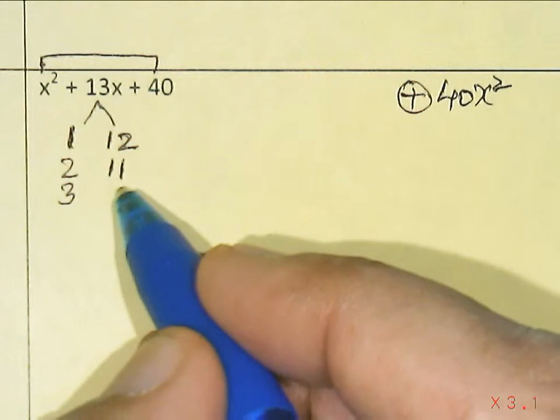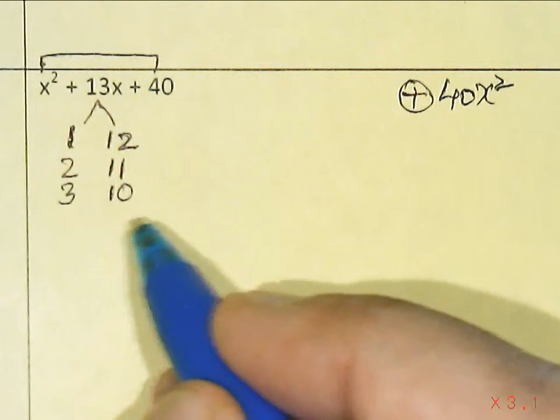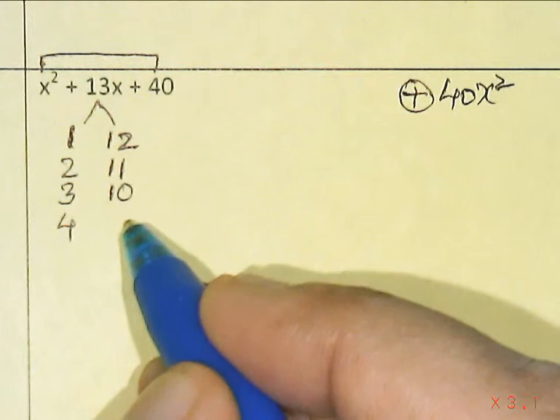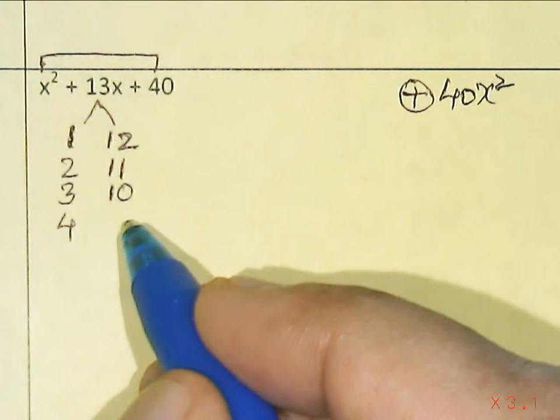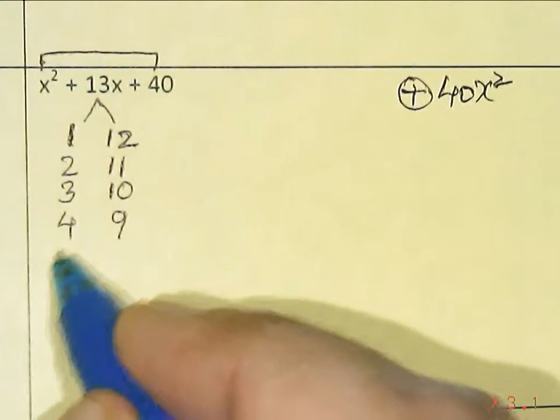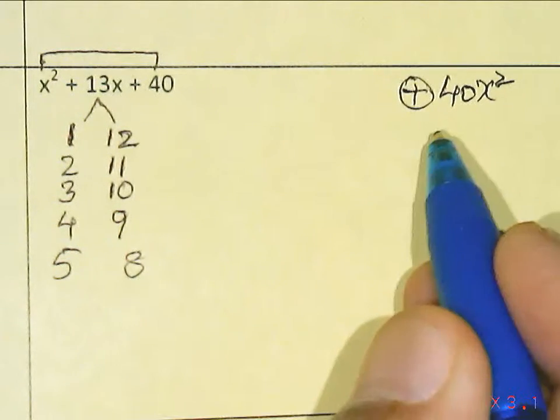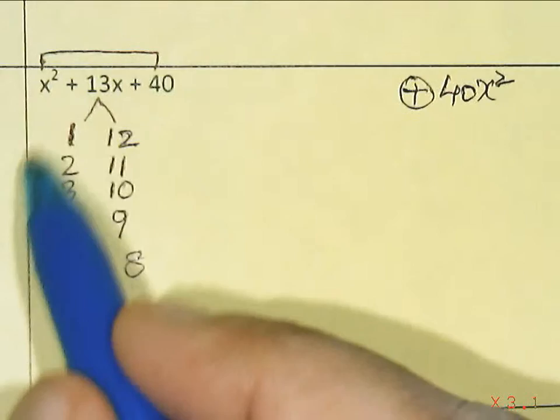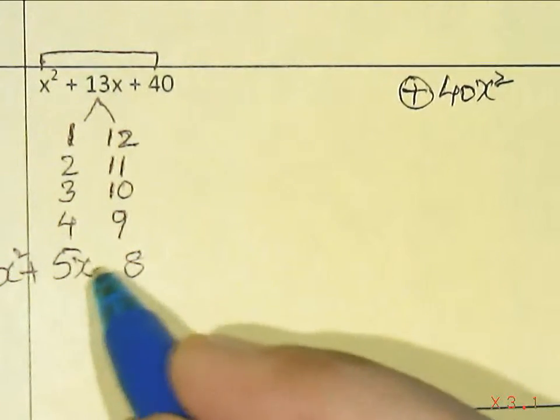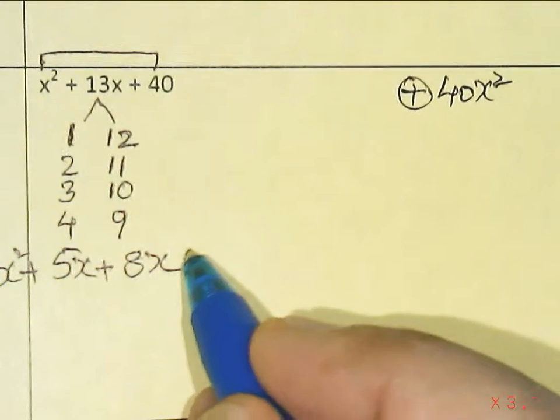Then 3 and 10 makes 13. 3 times 10 is not equal to 40. Then 4. What number comes here? 9. 4 times 9, is it 40? No. Well, 5. What number comes here? 8. 5 times 8? Yes. So, let me copy this x square plus 5x plus 8x, and this 40 I am copying.